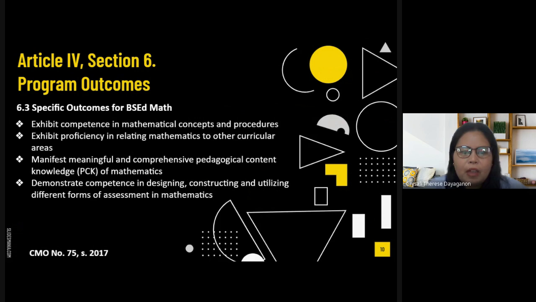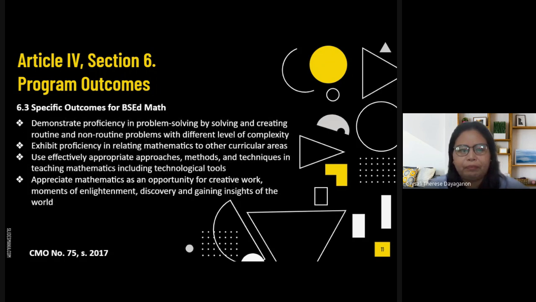Manifest meaningful and comprehensive pedagogical content knowledge, or PCK, of mathematics. Demonstrate competence in designing, constructing, and utilizing different forms of assessment in mathematics. Now, we also have demonstrate proficiency in problem solving.